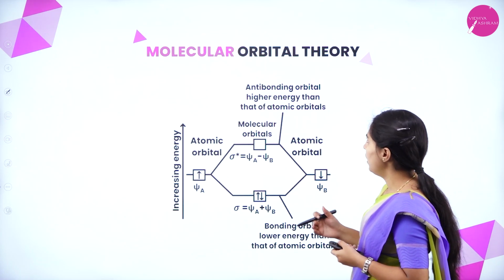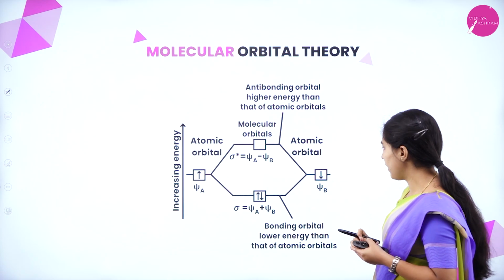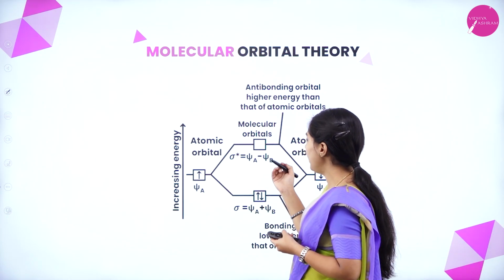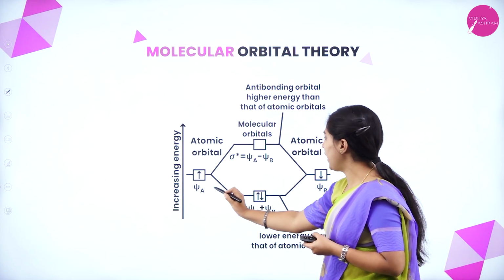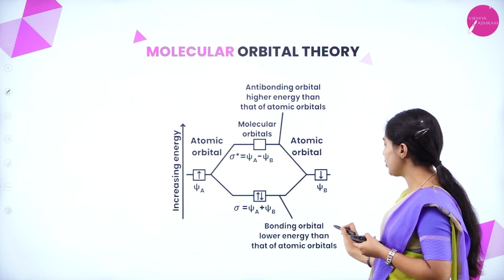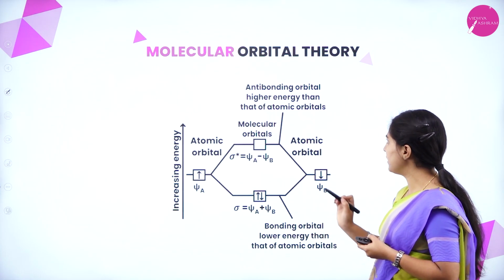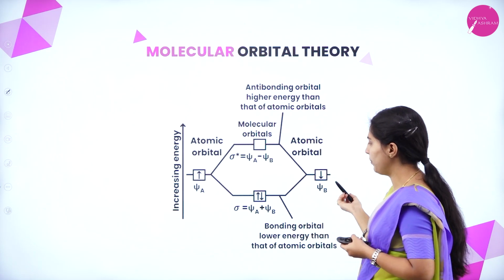See here, this is the molecular orbital theory energy level diagram. This is sigma and this is sigma star, and here this is phi A and phi B. This is the bonding orbital, of lower energy than that of the atomic orbitals. This is the anti-bonding orbital, of higher energy than that of the atomic orbitals.